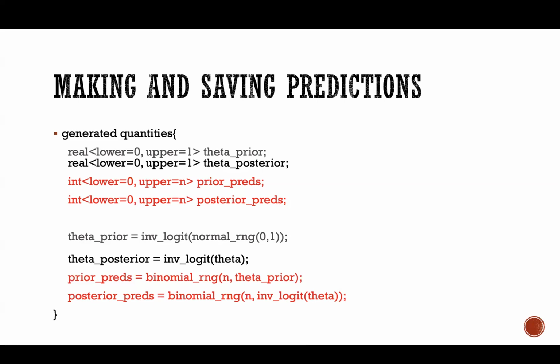The outcome measure is the number of times that a participant or a simulated agent has chosen right out of the number of trials. So it's an integer. The lower bound is 0, it cannot go negative, and the upper bound is n, where n is the number of trials.